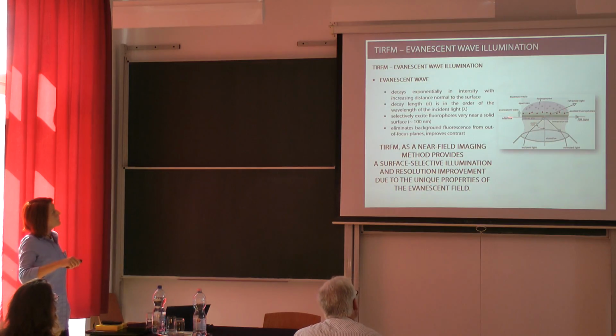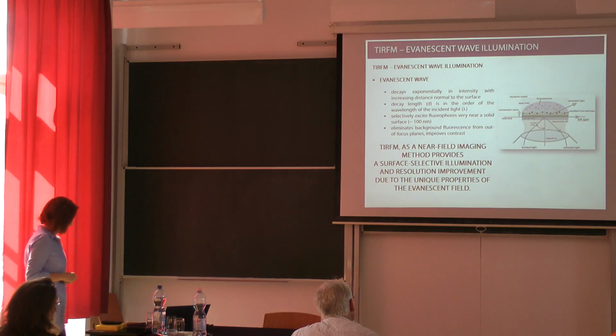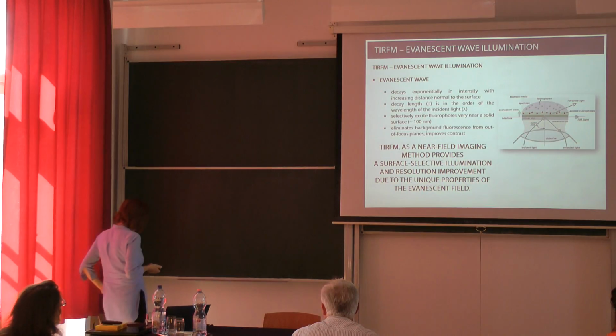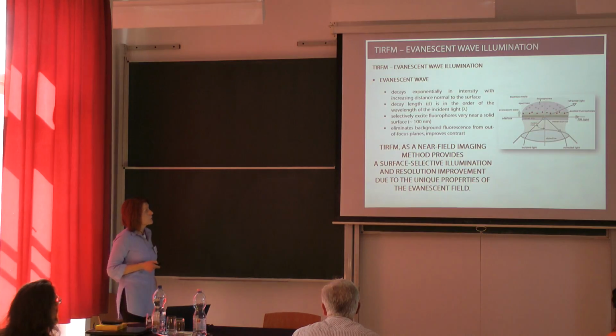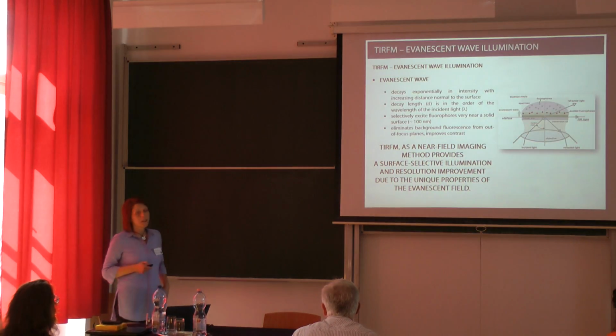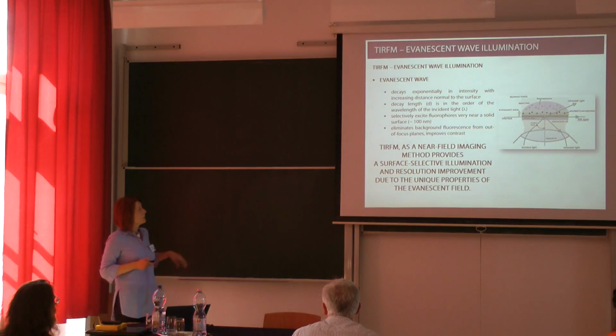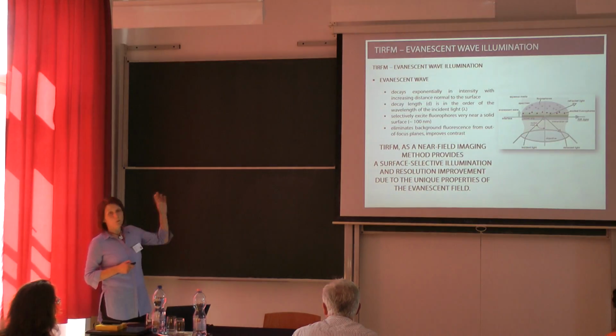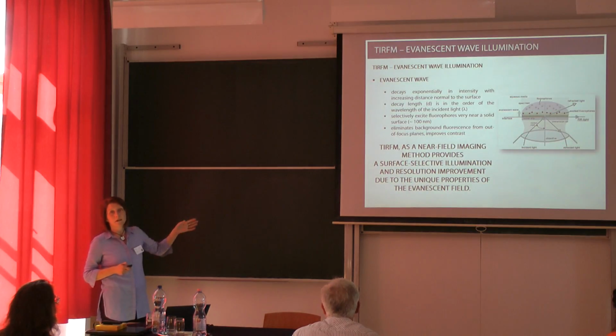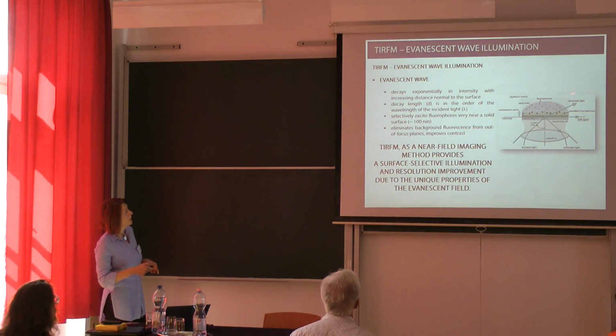The other fluorophores will not be excited, so you cannot detect fluorescence emission from the deeper regions of your sample, only the regions close to the boundary of these two surfaces. It also means that you will eliminate the out-of-focus or background fluorescence by simply not exciting those fluorophores in the sample.